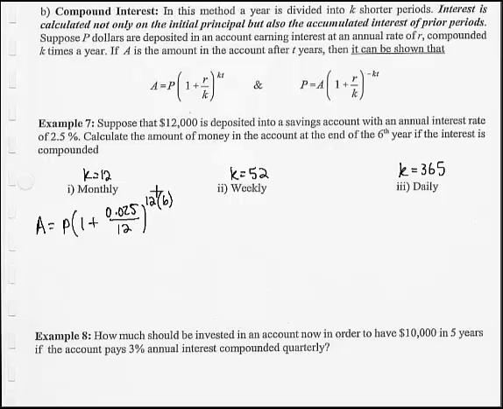There's 12 months in a year, 6 years, 6 times 12. And our P I should have replaced with a 12,000. So here's what we need to enter into our calculator. 1 plus 0.025 divided by 12 to the 6 times 12 is 72.